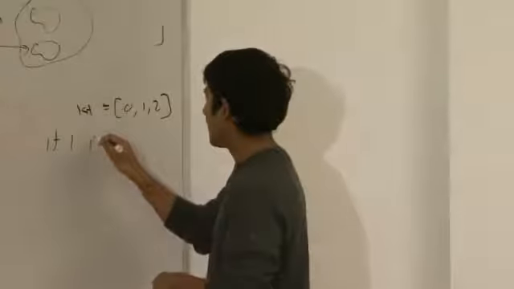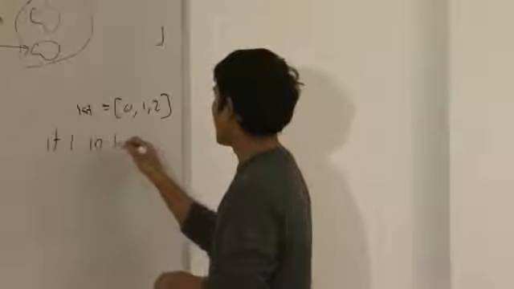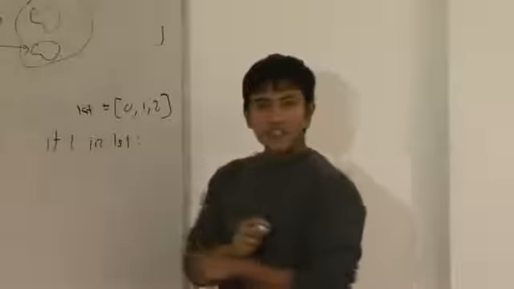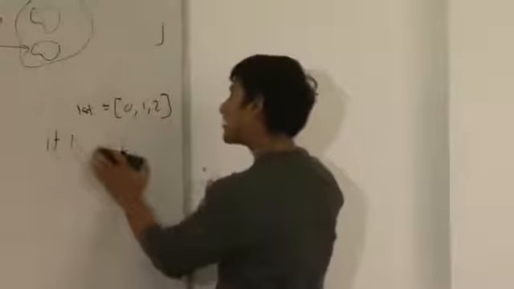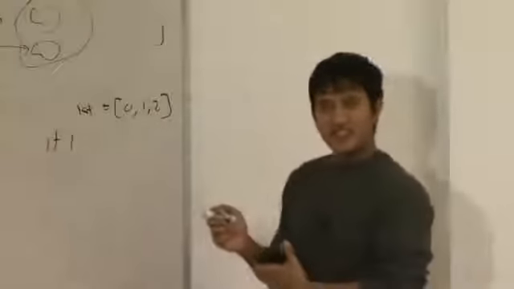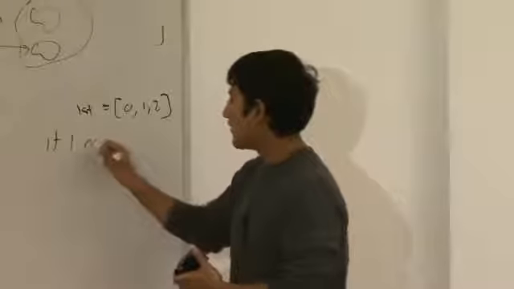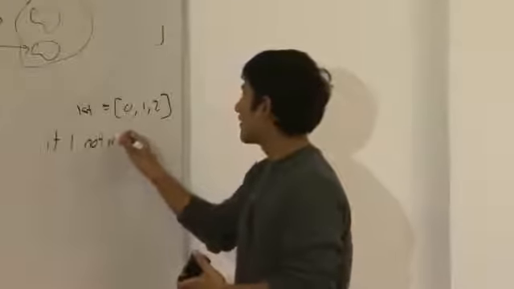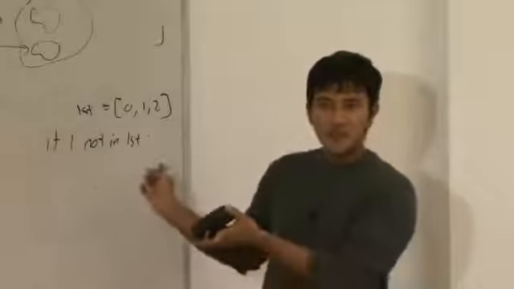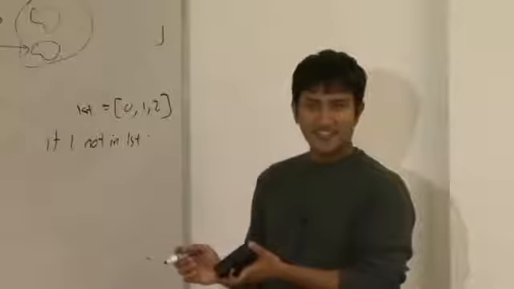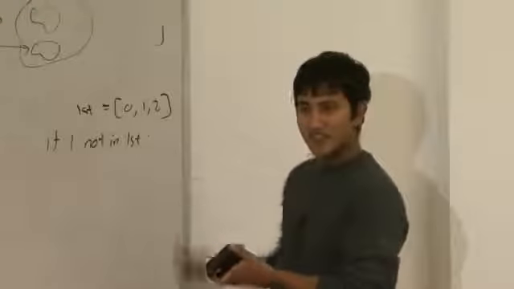If 1 in list, right? If I want to check whether 1 is not in the list, if I want to negate this, I would write if 1 not in list. We just ignore the verbs. It's pretty much like English. We just remove the verbs.